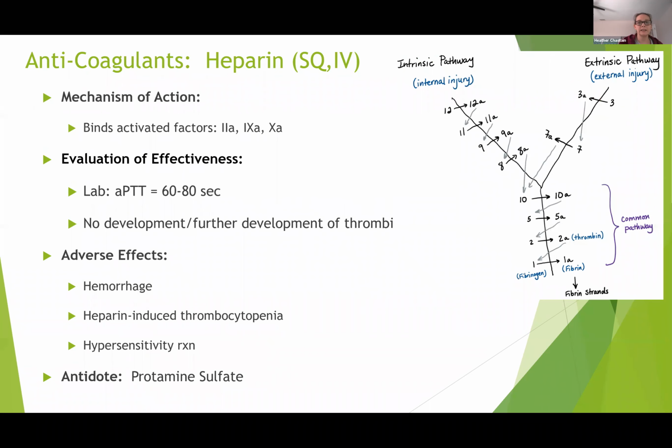Now, the first anticoagulant we're going to talk about is heparin. So, heparin is given sub-Q or IV. Its mechanism of action, we talked about already. So, it binds activated factors 2A, 9A, and 10A. So, those right there. Evaluation of effectiveness. So, we're going to measure the APTT, right? Because it tells us how quickly the intrinsic pathway forms a clot.